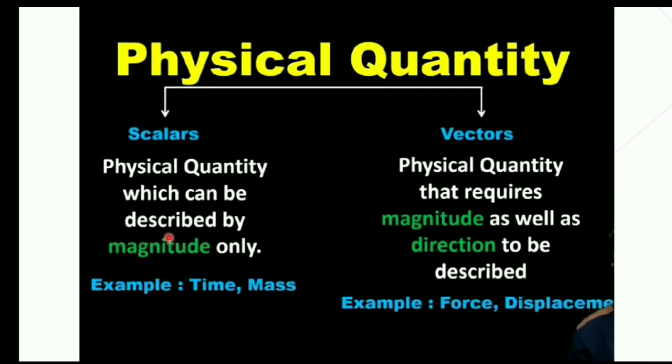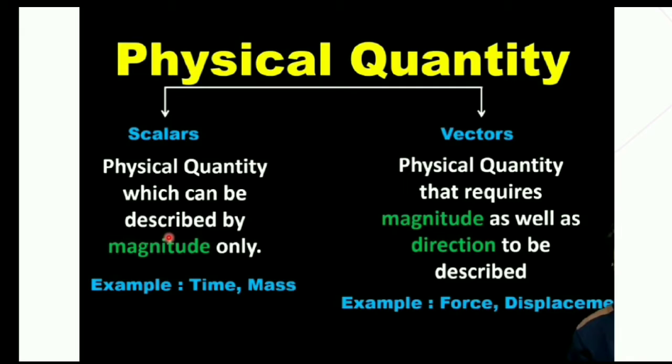That means the quantity which we can only measure. So time we can measure in seconds, minutes, hours, right? And mass, that also we can measure in gram, kilogram. Okay, so the physical quantity which can be described by magnitude only is known as scalar.